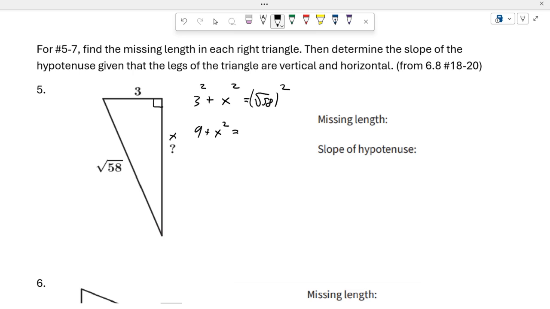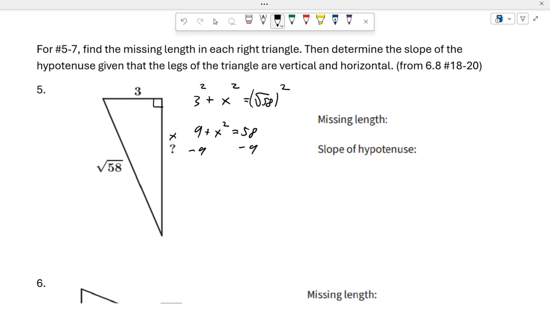So here, the square root and the squared cancel each other out, and you're left with just 58, right? It's not 58 squared, because the hypotenuse is not 58. The hypotenuse is the square root of 58. So when you square that, the square root goes away and you're left with just 58. But this is not 58 squared. So please don't make that mistake.